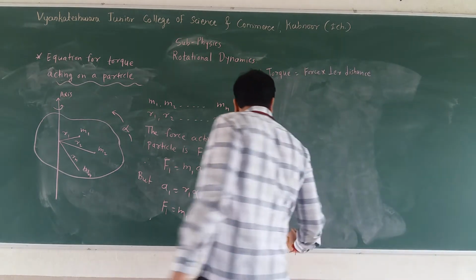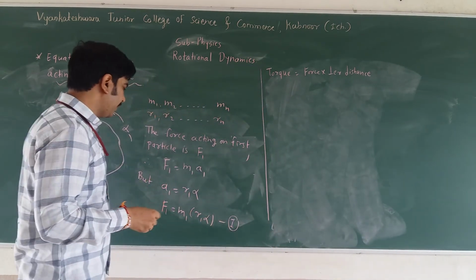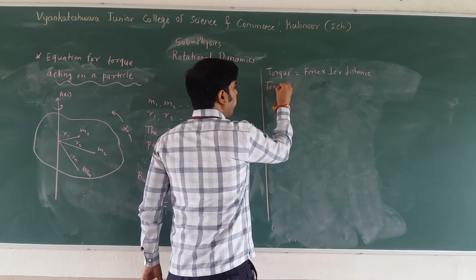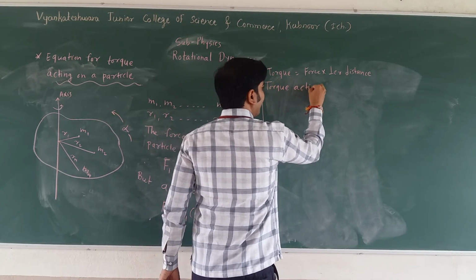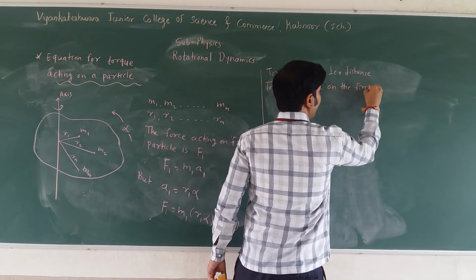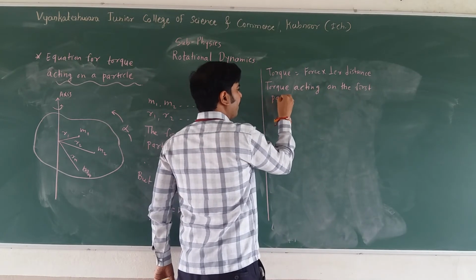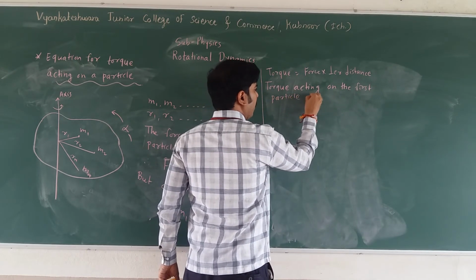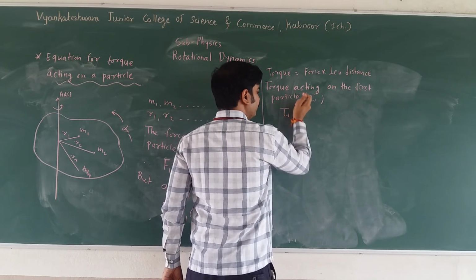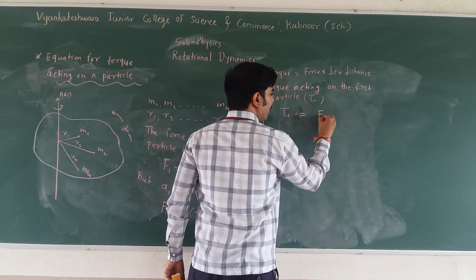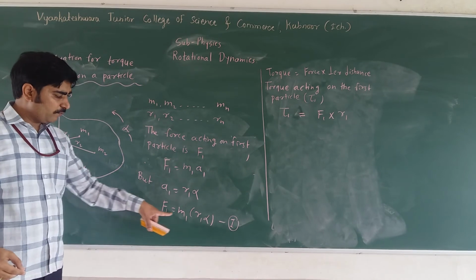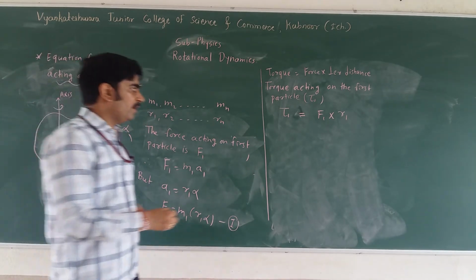So we have to write in a similar manner the torque acting on the first particle. So torque 1 is equals to F1 into R1. So what is the value of F1 from equation number 1? M1 R1 alpha.